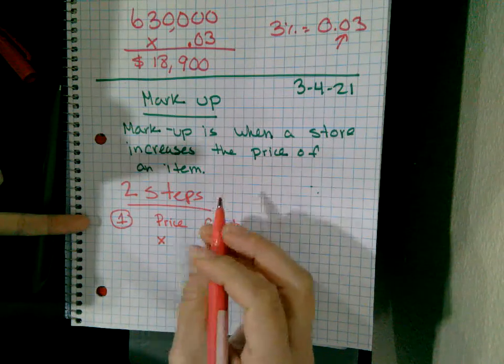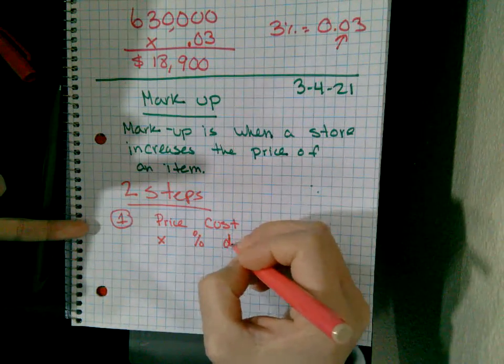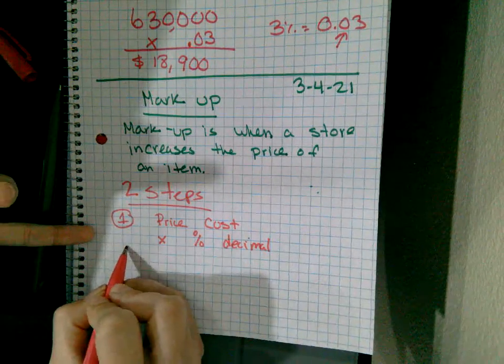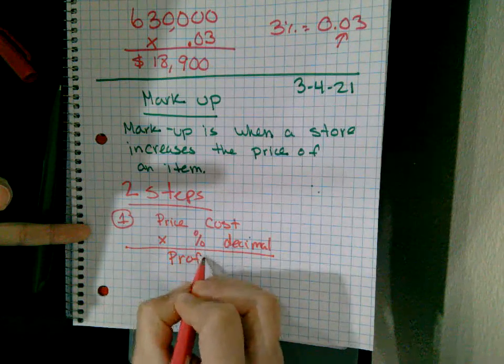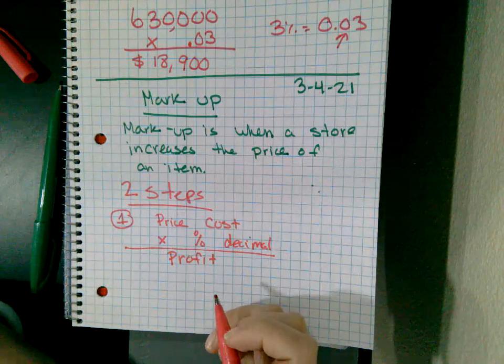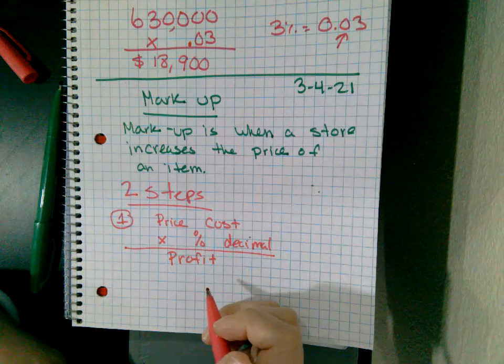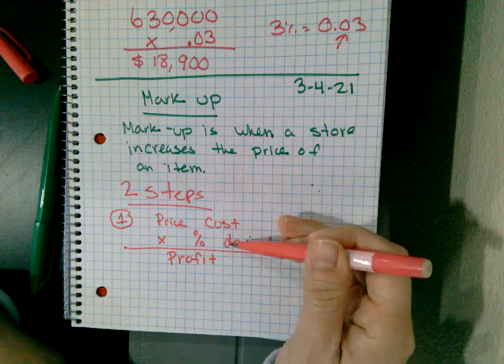Oh yeah, that's right, the percent, like always, written as a decimal. This will equal your profit. So the first step in all of these problems we've done for the last week and a half is always to take the price and multiply by the percent.